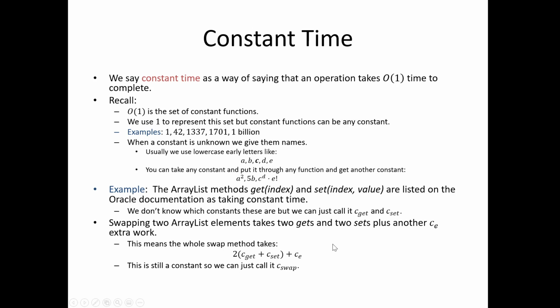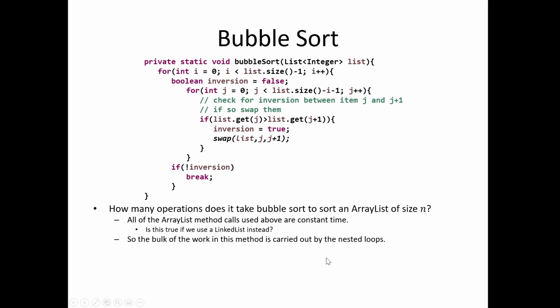All right, so back to our bubble sort algorithm here, we're going to want to again ask the question, well, how many operations are carried out by this? And keeping in mind that the number of operations is going to depend on how large our list is when we start out here.